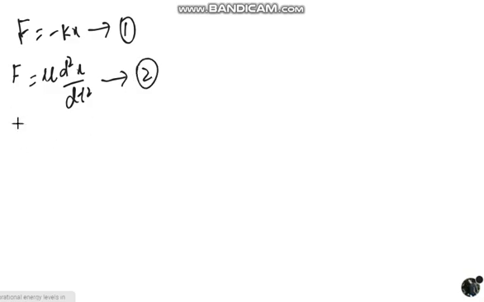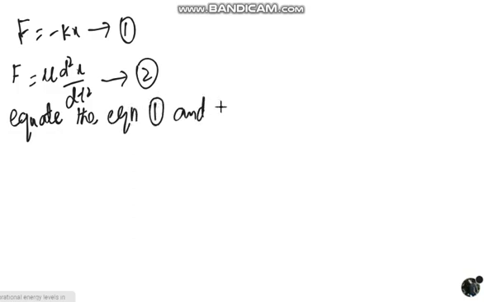Both are equations of force, so we can equate them. By equating equations 1 and 2, mu d square x divided by dt square will be equal to minus kx.